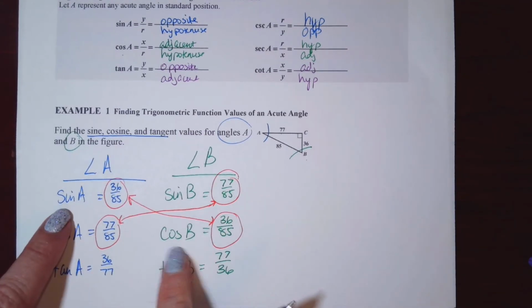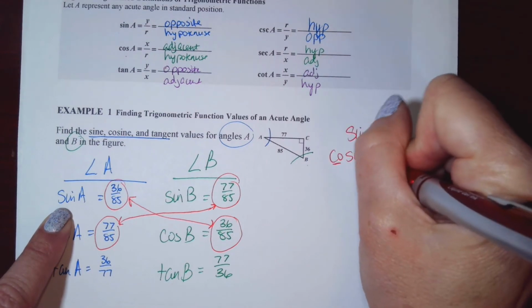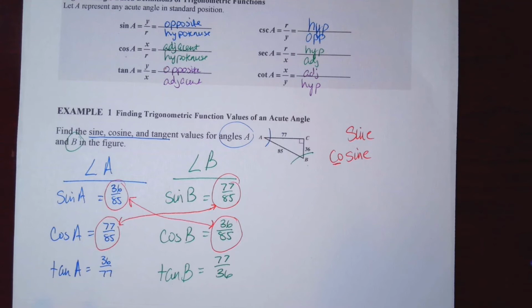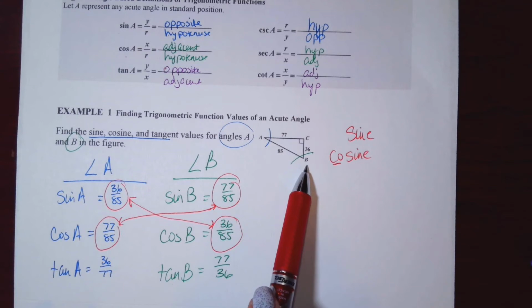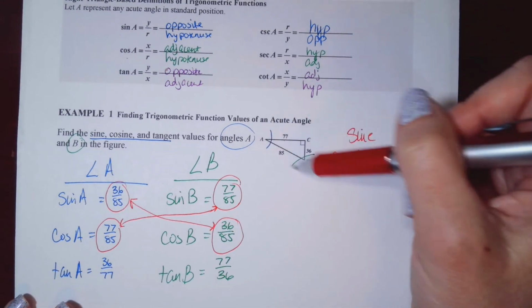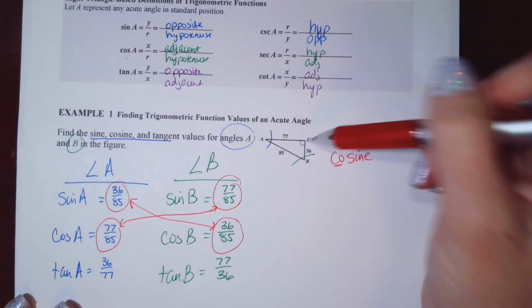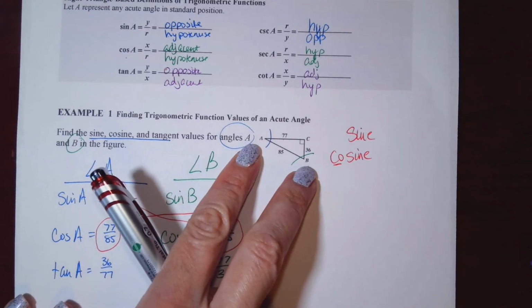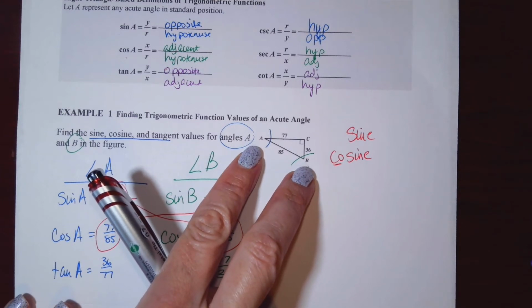Now, sine and cosine are cofunctions. What is special about angle A and angle B? Well, the sum of the angles in my triangle is 180 degrees. So if C is 90, that means that these two have a sum of 90 as well, and they are complements of each other.